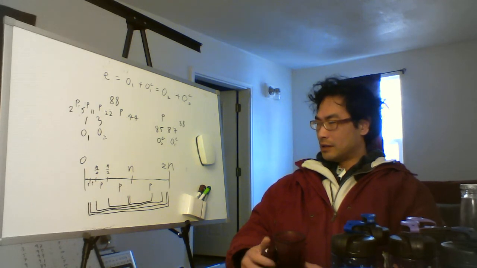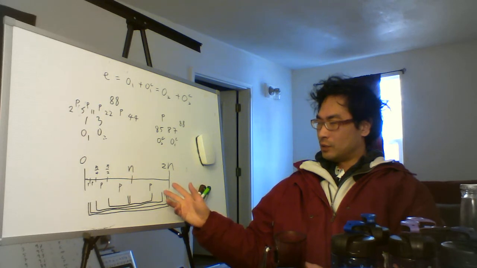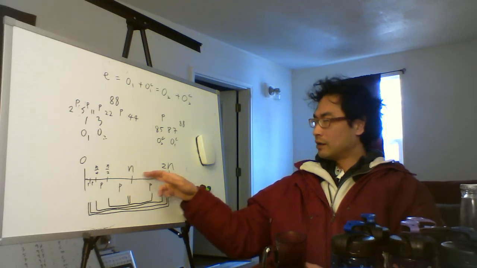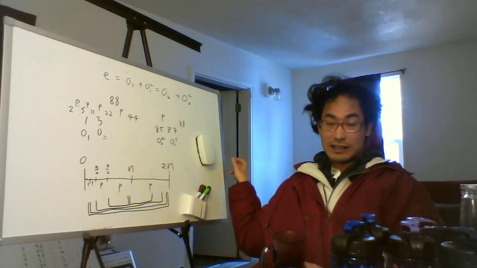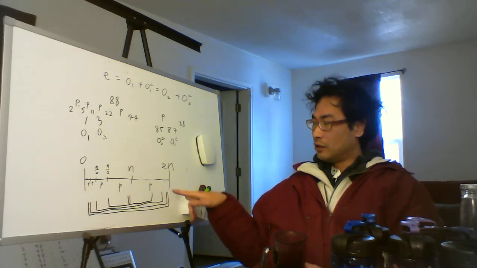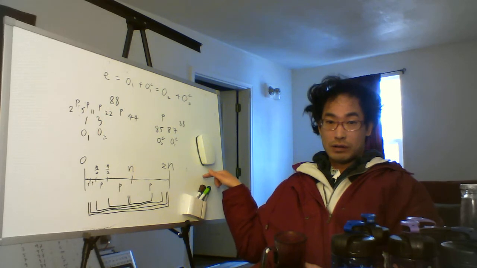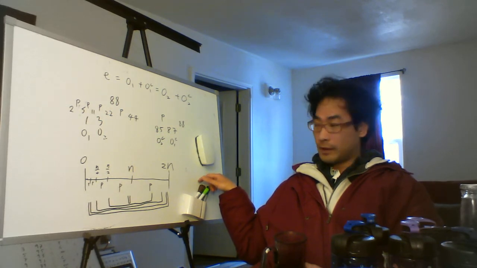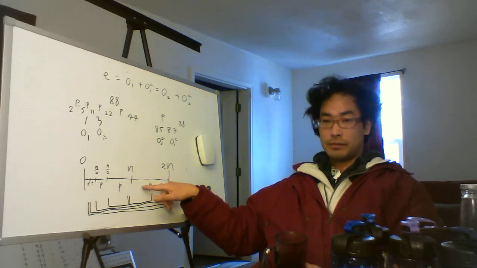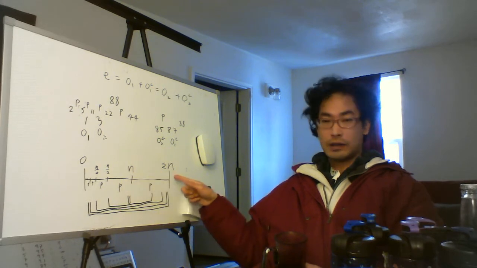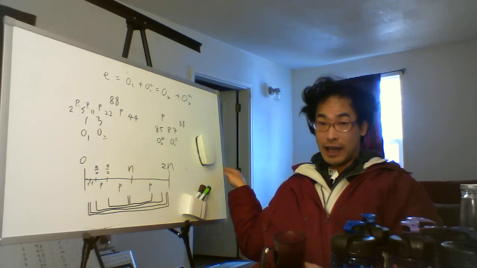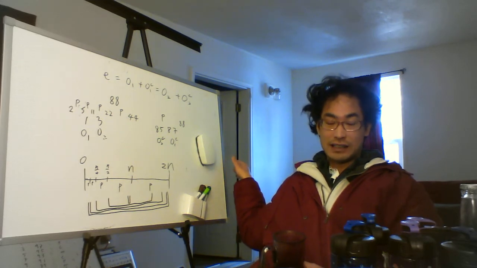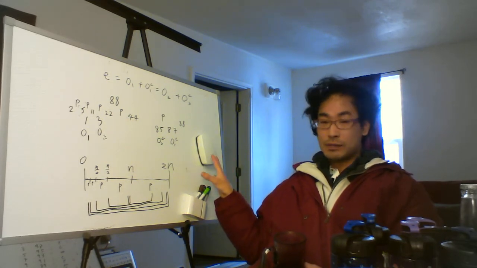Okay, let's think about it this way. So you have n, 2n, 4n, 8n, 16n. The interval gets bigger and bigger, right? Given this interval between n and 2n, between 2n and 4n, between 4n and 8n, between 8n and 16n, the interval gets bigger and bigger.